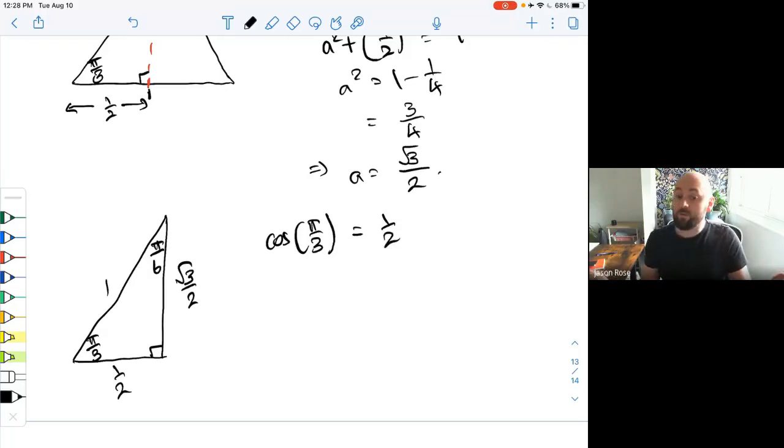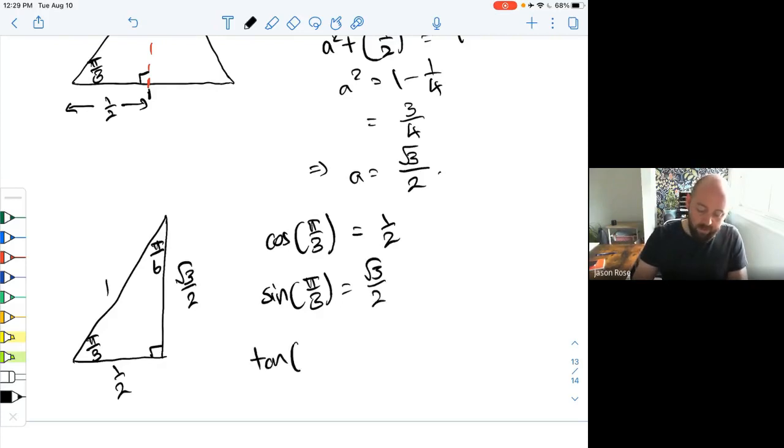Everything divided by 1 is always just going to be itself, so I'm going to leave out the over 1 part. Sine of pi over 3 is going to be root 3 over 2. Tan of pi over 3 is the opposite over the adjacent, root 3 over 2 divided by a half, which is going to be root 3.